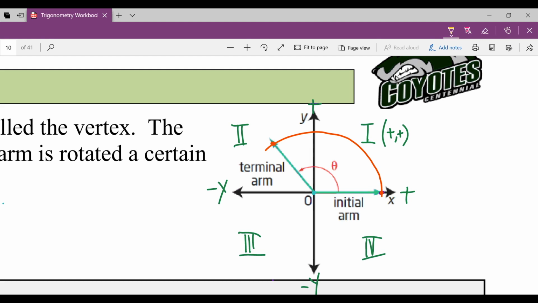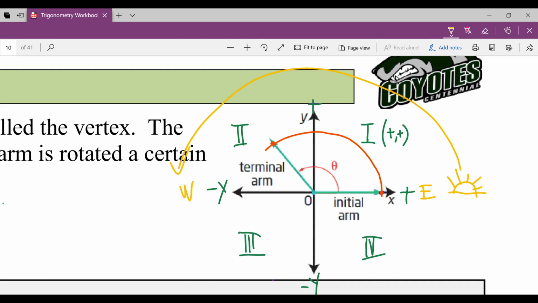The reason why quadrant 1 is in this direction is the same reason why this is labeled on maps as east and that is west, because thousands of years ago, we observed that the sun rises in the east, makes a big arc in the sky, and sets in the west.